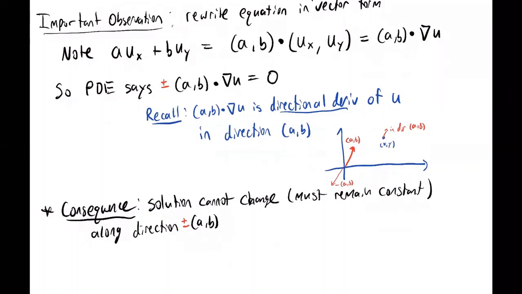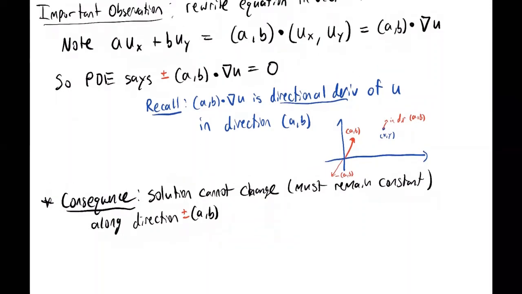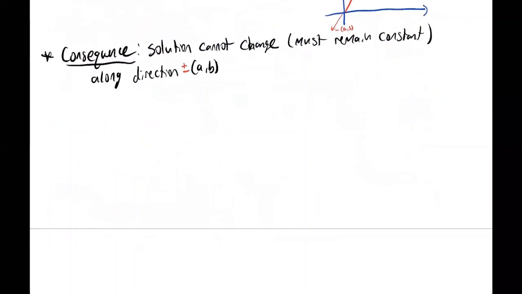Okay, so what does it mean geometrically that the solution can't change along the direction a comma b, or along the direction minus a comma b? Well, this means that if I pick a particular point and I move in a line through that point with the given direction, the solution stays constant, right? So let's draw a complete picture.